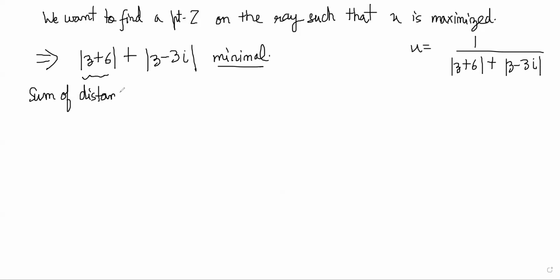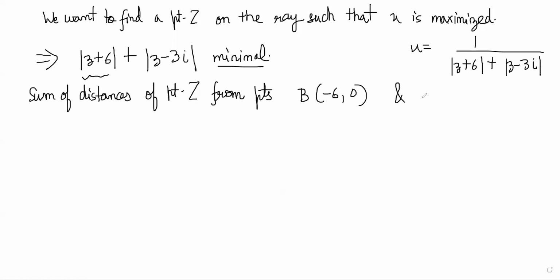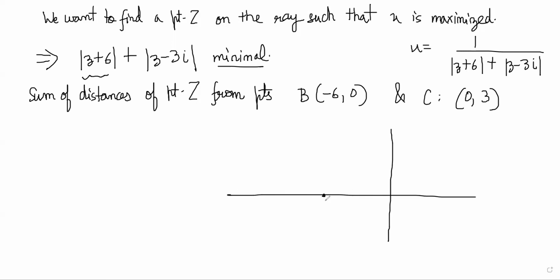Now, what is this? This is basically sum of distances of point Z from points B is minus 6 comma 0 and C is 0 comma 3, right? So think about it. My A point was here, minus 3 comma 0.